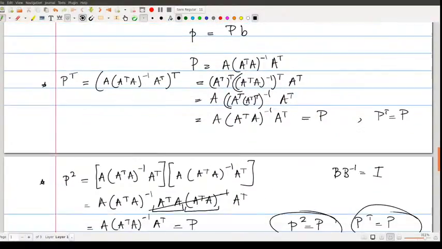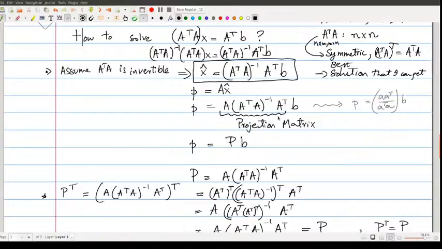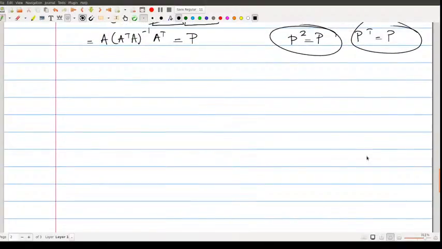Okay. But I made an assumption here that A transpose A is invertible. And now I need to answer, at least I need to discuss a little bit, when do we have that case. The question is, when is A transpose A invertible?